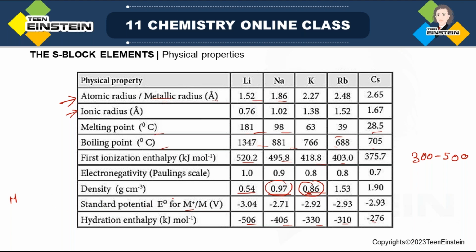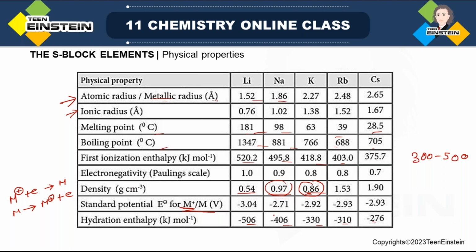Standard potential E0 value is expressed like this. First the oxidized state is mentioned, then there is an oblique sign, and then the neutral state is mentioned. So M plus accepts an electron and is converted to M. So if we consider this equation, or the reverse way you can also write M going to M plus and electron, here it is basically losing an electron, and if you consider the first equation, it is basically gaining an electron.